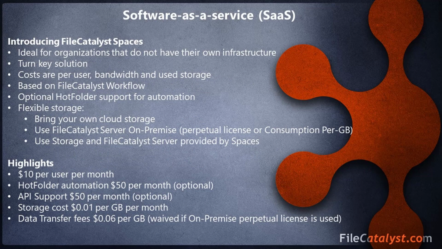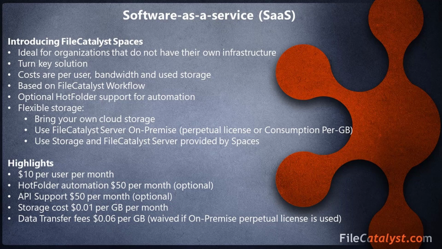The last option that we're launching soon will be FileCatalyst Spaces. It will provide you everything: the infrastructure, the networking, the storage. It's a turnkey solution. You just pay a monthly fee, and per additional user you pay about $10 per user per month. You can add hot folder automation to it.